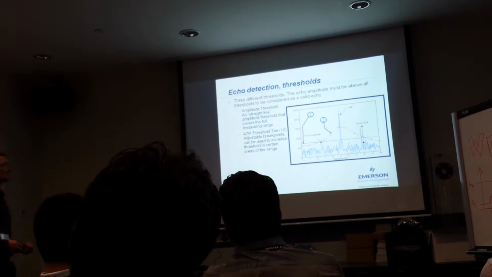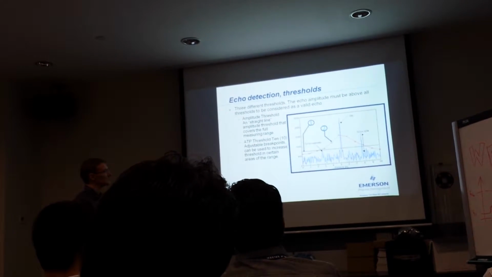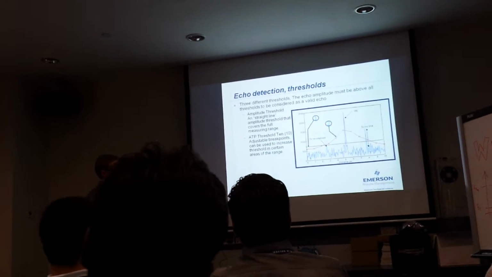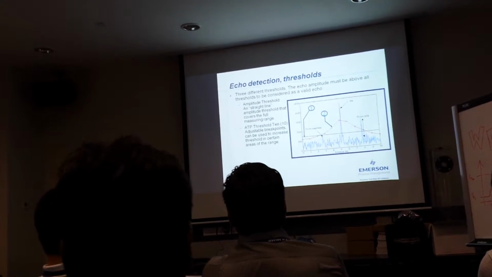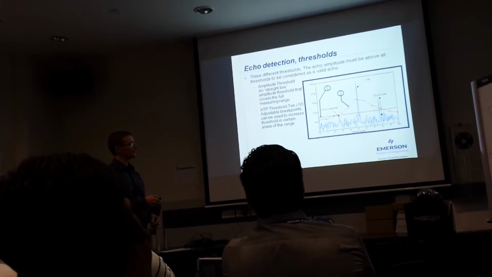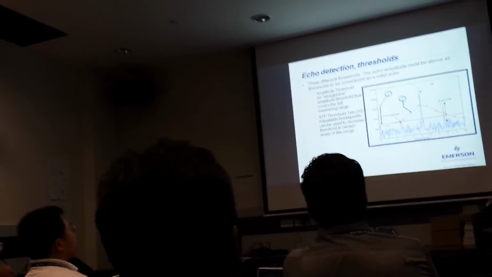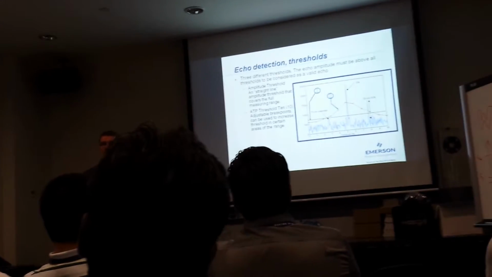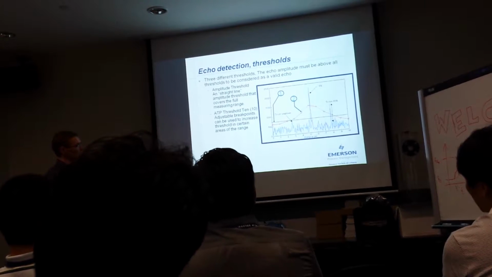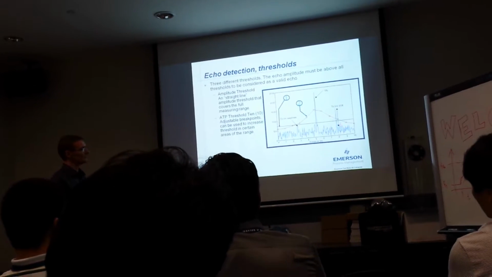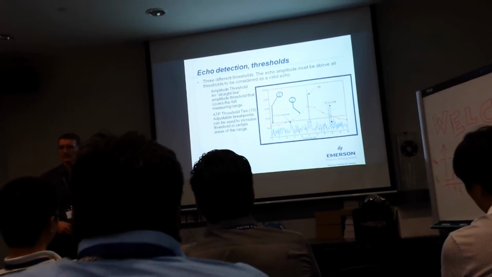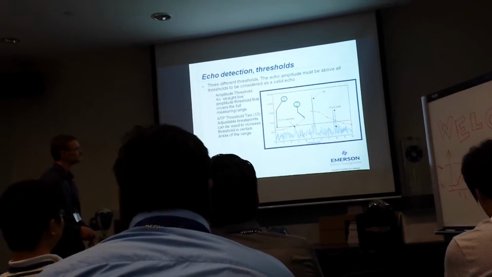So here, it means somebody has created an ATP table, and in this case, that's the red line here. It means all echoes above this black, and then above the red line will be approved, as we see. So this area in here, nothing will be approved as a level.